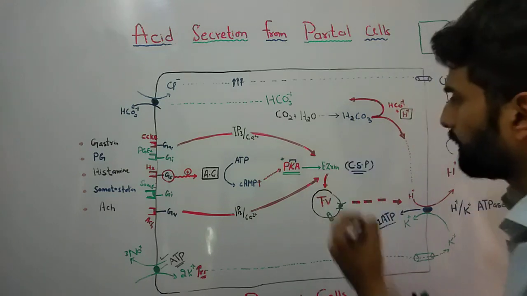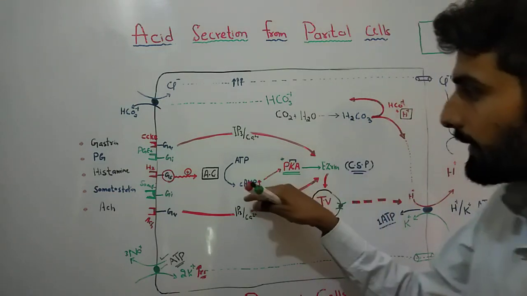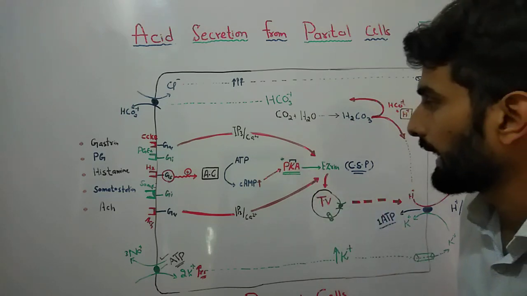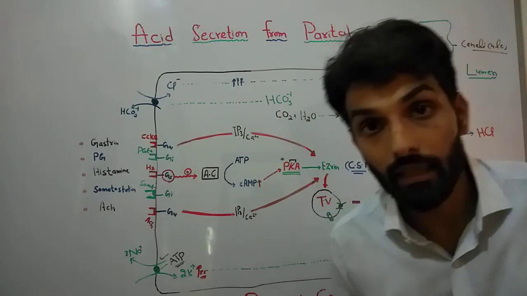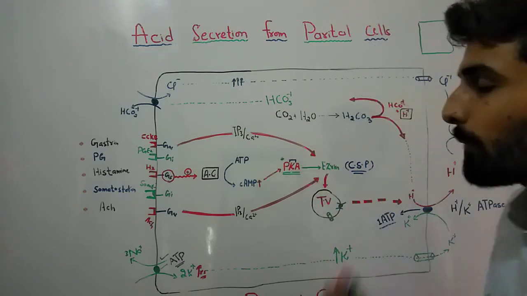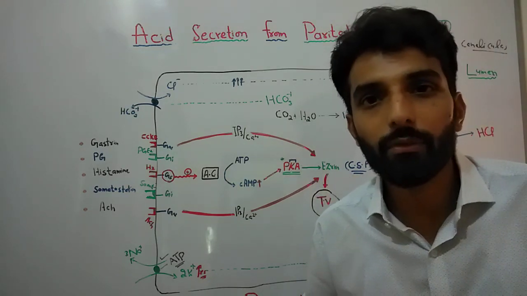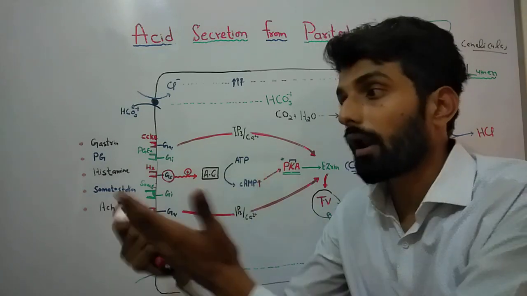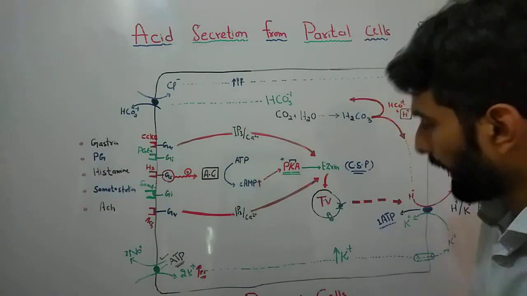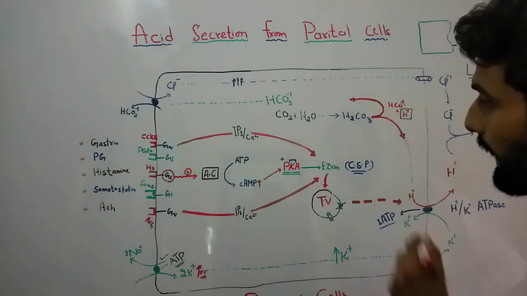So what I was talking about: intracellular cyclic AMP concentration will increase, and ultimately protein kinase A will be activated. This protein kinase is responsible for attaching a phosphate group on other proteins, and after attachment of the phosphate group, those proteins will get activated.